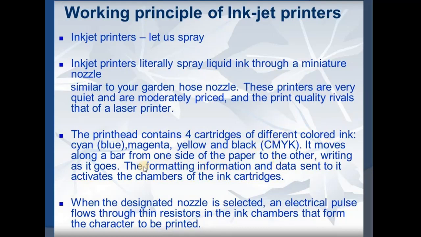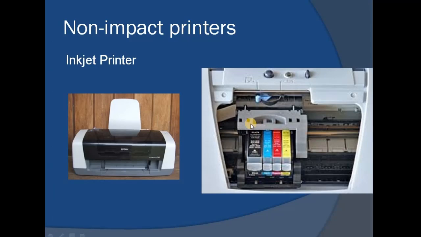It moves along a bar from one side of the paper to the other, writing as it goes. These cartridges move from left to right or from right to left, and they have a small nozzle to spray the ink.